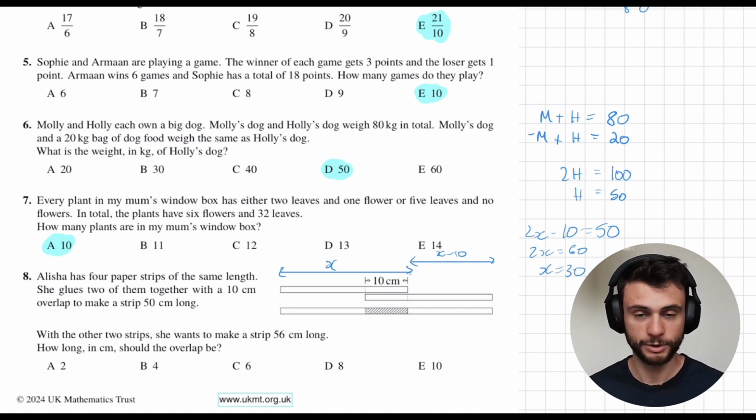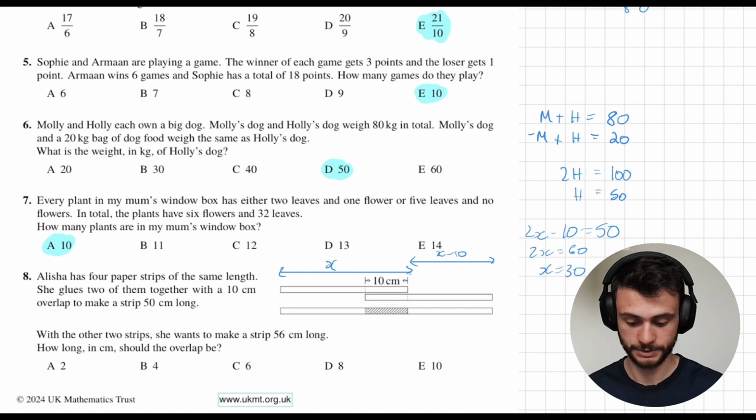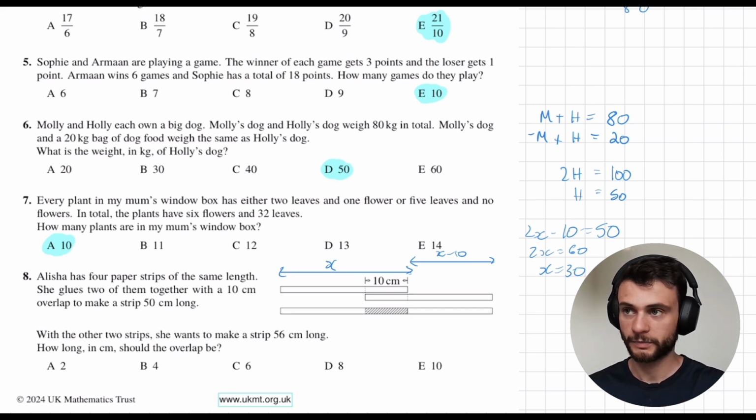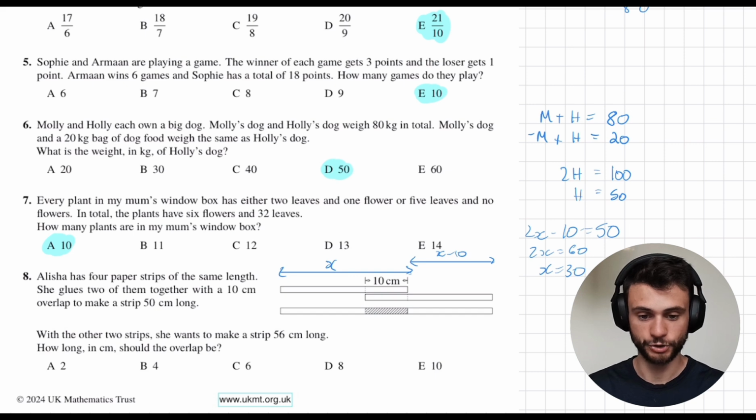And now we want to reduce the overall length by 4 centimeters. So when we overlap the two strips, that middle section, you can think of it being subtracted away from one strip.